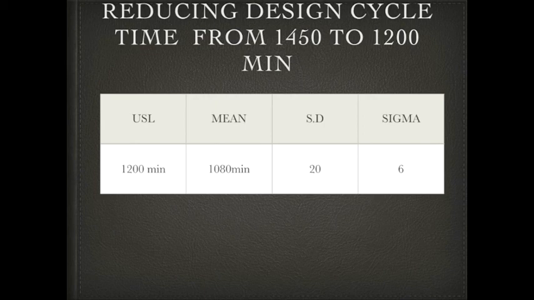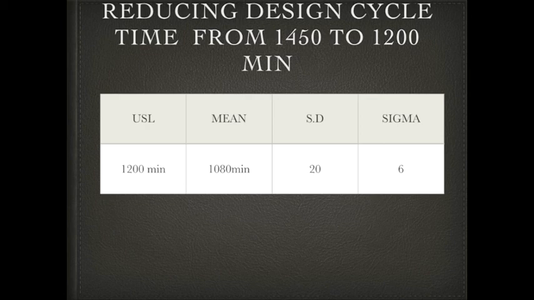Let us consider that our mean design cycle time is 1080 minutes. Now in this process, the difference between the mean and the upper specification limit is 120 minutes.